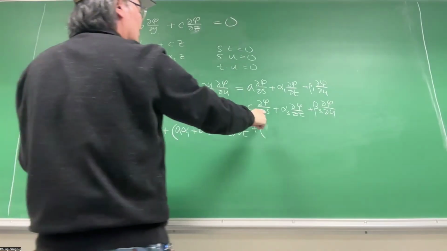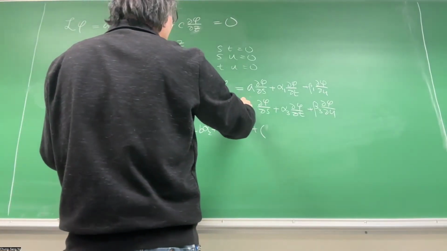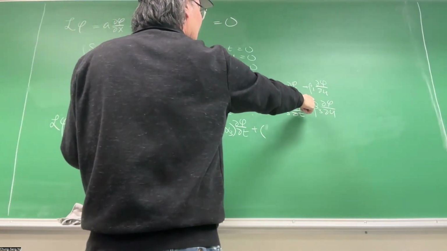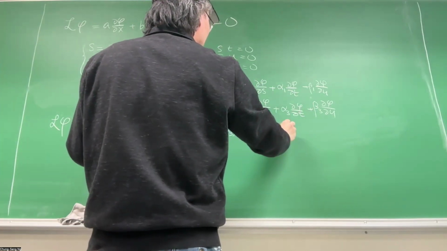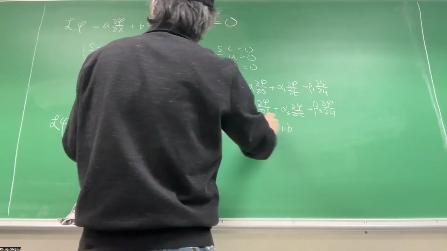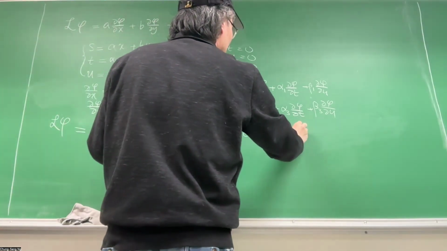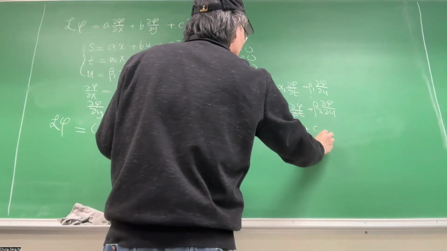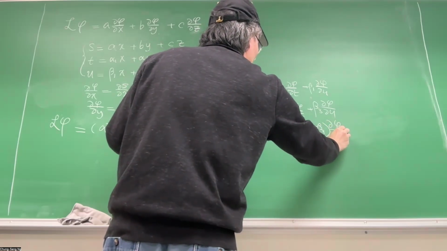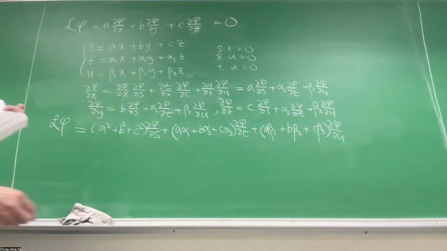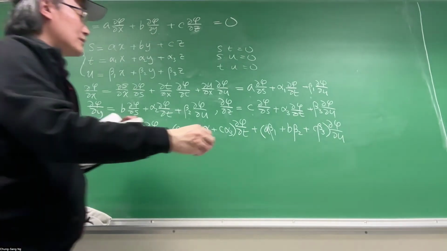Yeah, A times beta 1 plus B times beta 2 plus C times beta 3, positive phi positive U. Right, and then you require it to be 0.